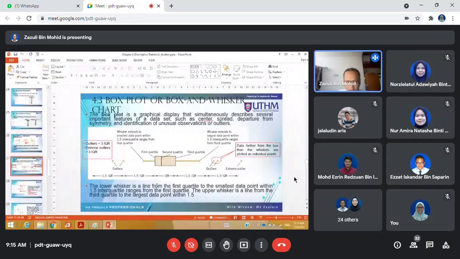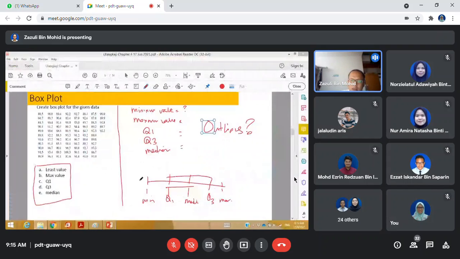We can see here that between Q1 and Q3, the range is called the IQR. Okay, IQR. Then we go back to our question here.